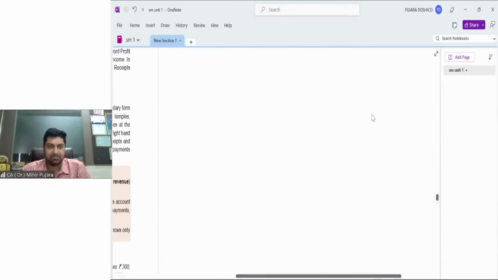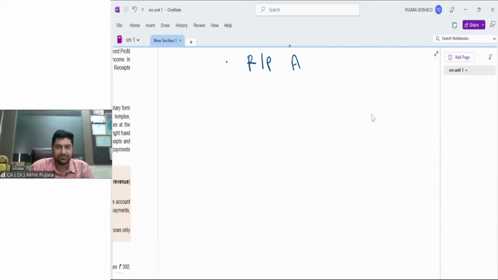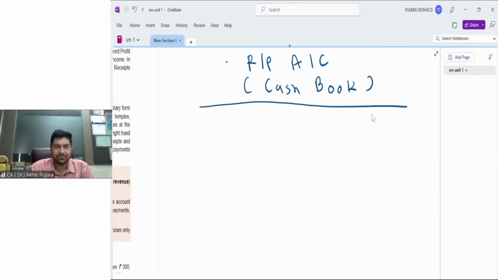Please prepare a logically small format of RNP account. It is same as cash book.